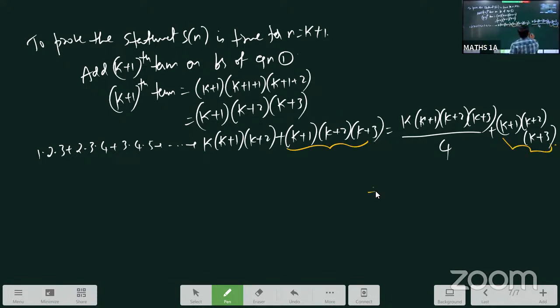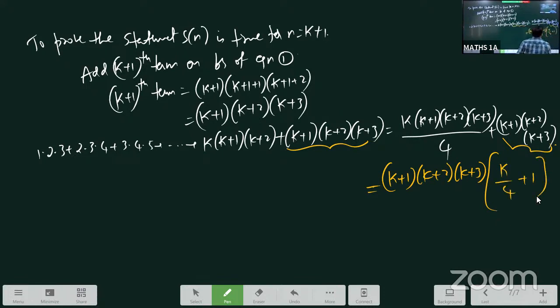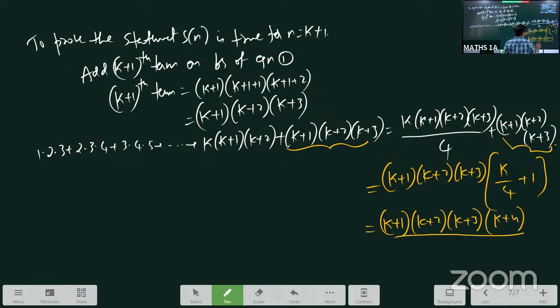Now I'm going to simplify your RHS part. That is k plus 1, k plus 2, k plus 3 common. When I take this common, what is left out? K by 4 plus 1. That is k plus 1 into k plus 2 into k plus 3, k plus 4, taking LCM by 4.